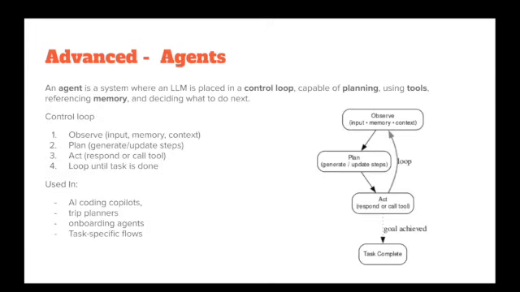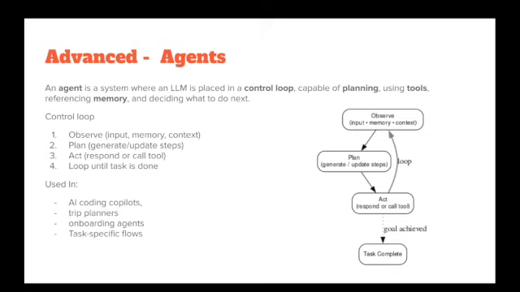Last, agents. This is where it's no longer a function call, it's a system. And there's a bunch of architectures for agents that we're not going to cover, but as a high level, it's almost always the same thing. You place an LLM in a control loop.